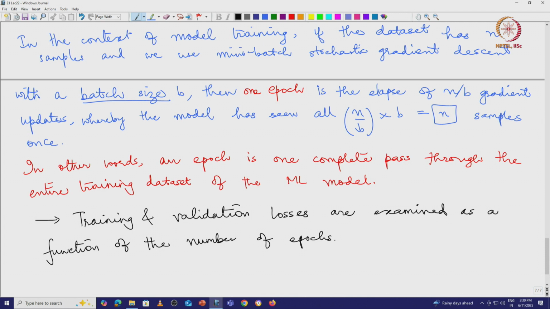Alright, so with this I come to the end of this particular lecture. In this lecture we discussed the concept of the learning rate and how different values of the learning rate can lead your model to converge reliably, or it can create problems where the loss function simply explodes due to an instability in the gradient descent algorithm.